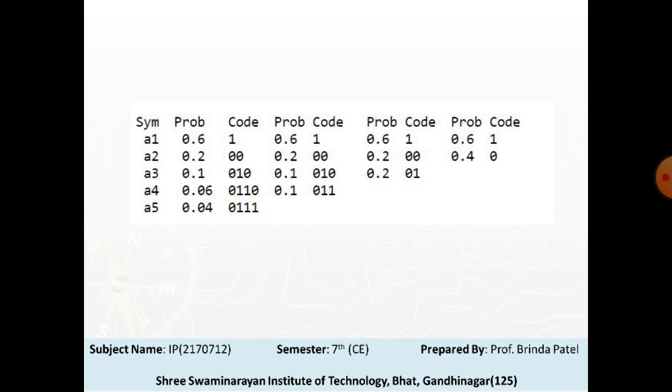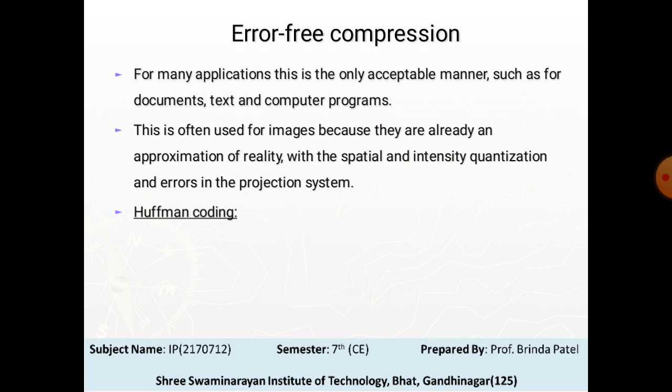The components of the composed symbol get a 0 or a 1 behind it. So these are the symbols and these are the probabilities of it: code, probability, code, probability.